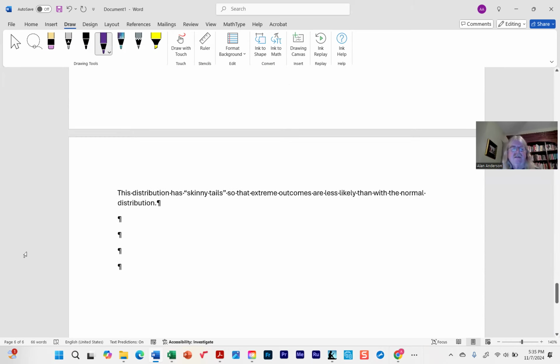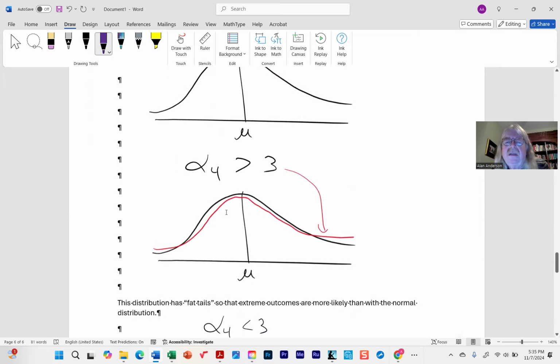Now, in practice, with financial assets, the distributions of their rates of return, not their prices, but their rates of return, tend to exhibit fat tails. And you can kind of see why, because imagine that things are going terribly wrong in the economy.